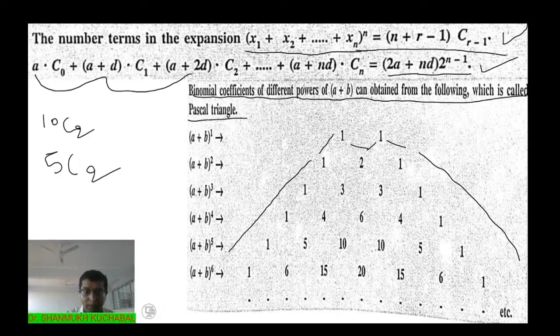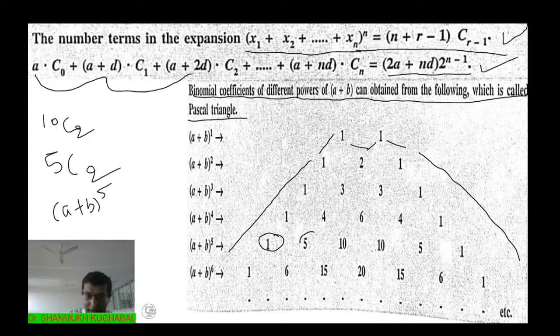Suppose we have a plus b raised to 5. Then we write the binomial expansion with 5C1, 5C2, and use these constants.